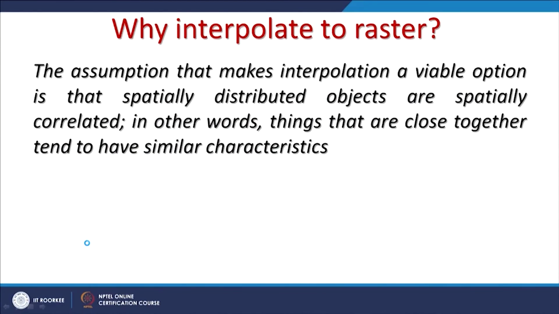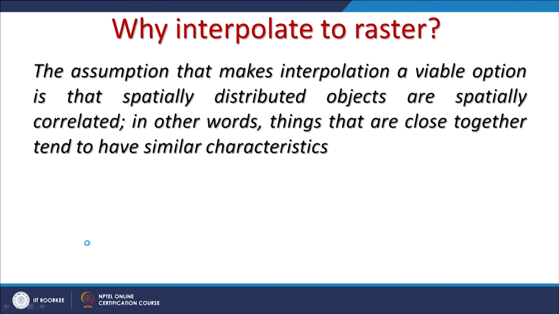As you know, interpolation assumes something, based on the belief which I have mentioned. The assumption that makes interpolation a viable option is that spatially distributed objects are spatially correlated, or autocorrelated.